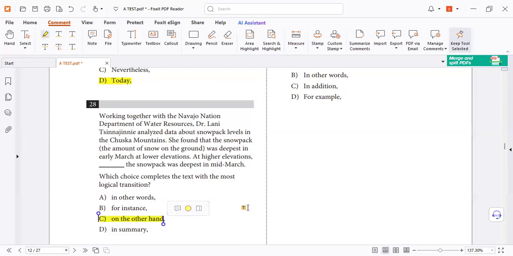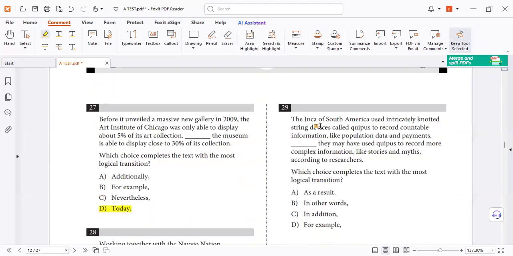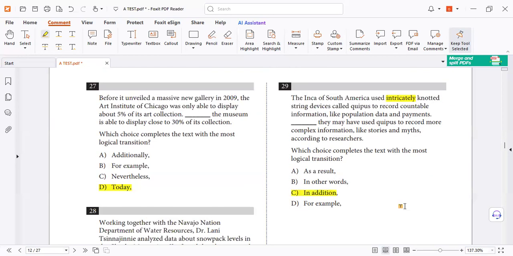We compare between two ideas. Perfect. In addition, letter C. Yes. Remember this is a question for easy. When you find the passage difficult, it's medium or hard.